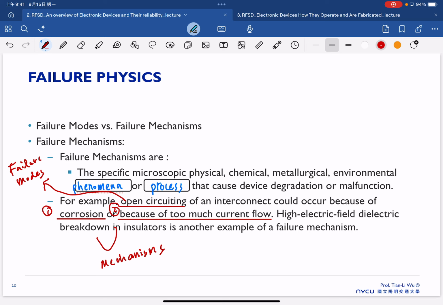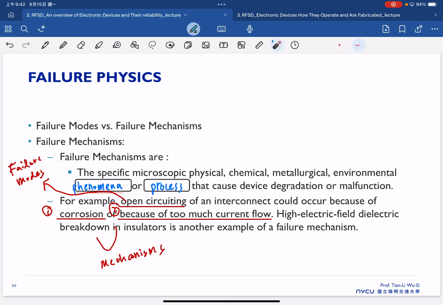For example, if we know that the failure mode here, the open circuit, is due to very high current flow, then we have to think about how to reduce the current density. For example, you increase the interconnection line width or reduce the operating current, then that can greatly improve the reliability of this interconnection line.